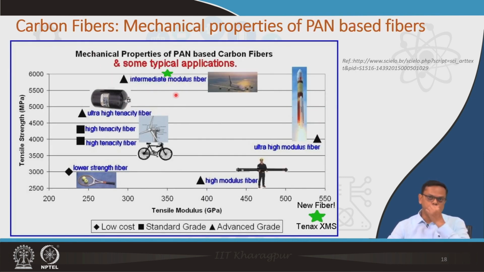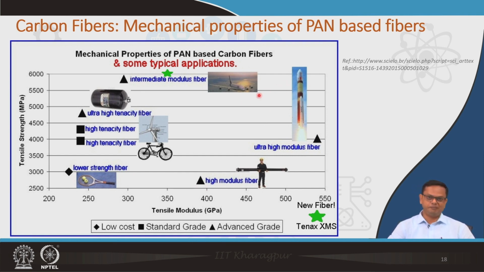Similarly, you can look at the mechanical properties of PAN fibers. So, you can see here, as I mentioned earlier, it is very interesting to note how you synthesize, or what your final synthesis temperature is. Based on that, or in other words, how perfect your graphene structure is, how perfect your hexagonal structure is, you have a wide range of tensile strength and modulus, from low strength, low modulus to extremely high strength, high modulus.